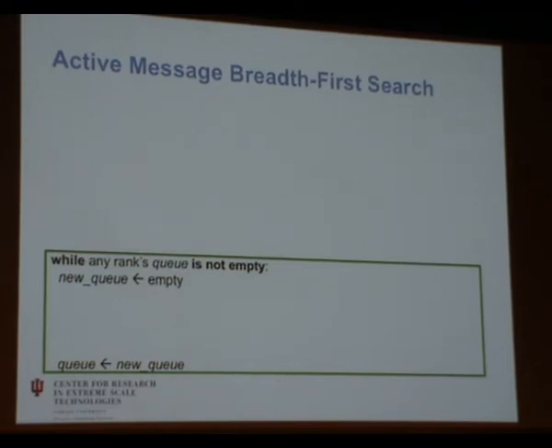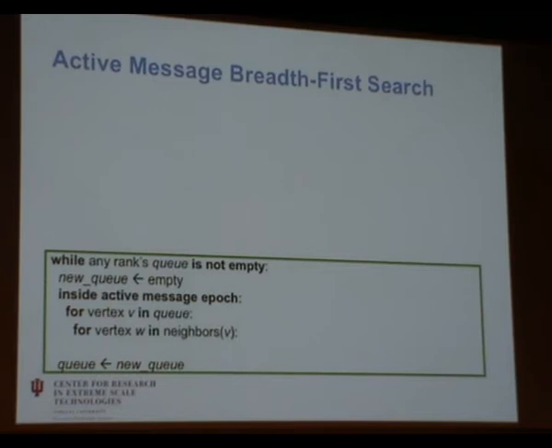So the first thing you do is have a loop until there are no more vertices left. You start off with an empty queue and then swap it at the end. Now the next thing you do is start an active message epoch. And so this adds the synchronization at the end. And now all you do is walk through the vertices in the input queue and then through their neighbors.